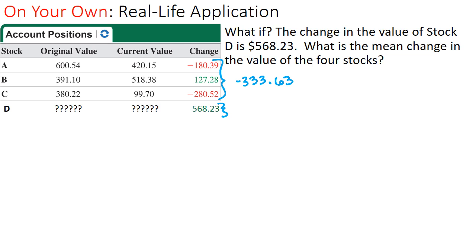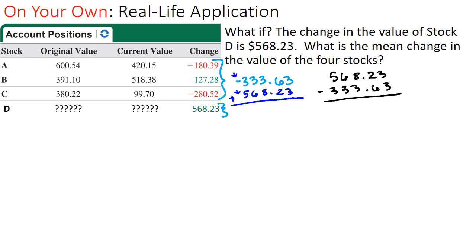So what we're going to do is take this 568.23 and we're adding these two numbers together. But wait, we have a negative and a positive, which means we actually need to subtract this. So I need to rewrite this with 568.23 on top, minus that 333.63. 3 take away 3 is 0.